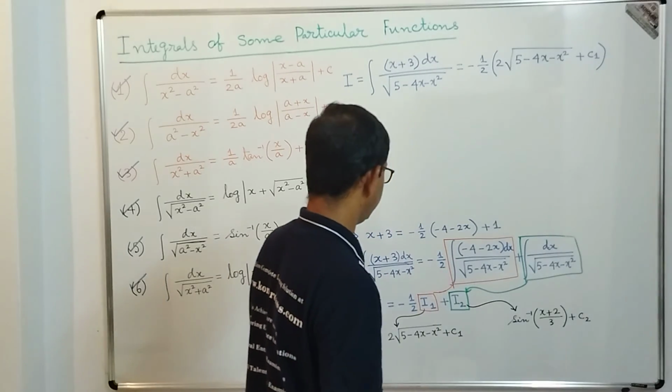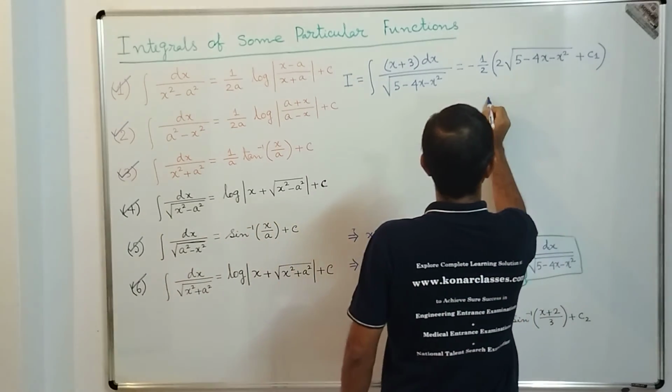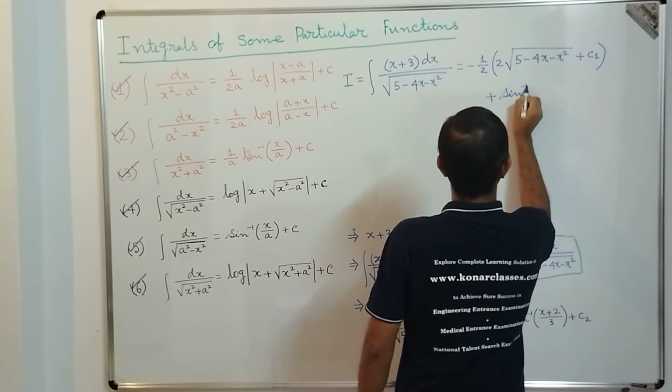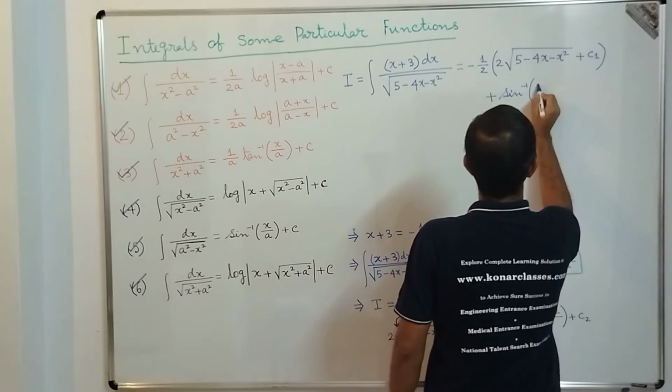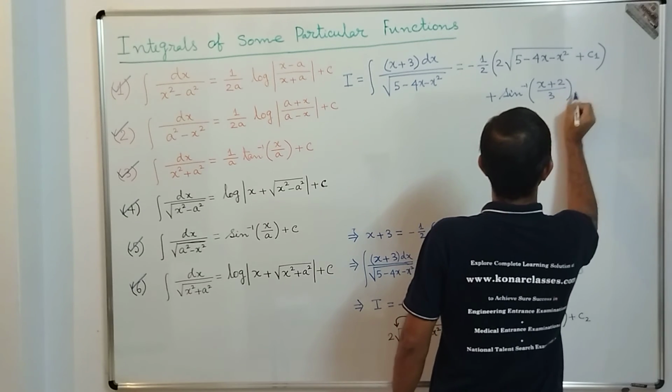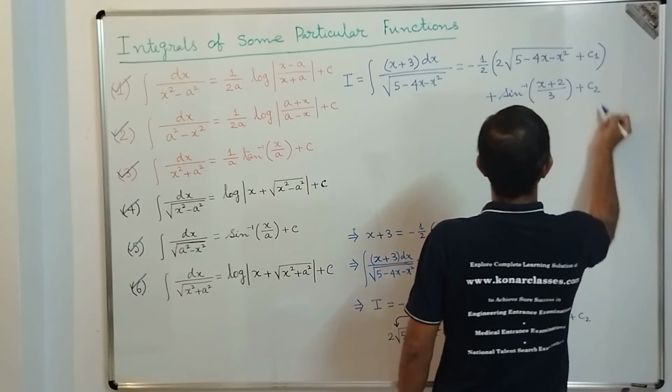Minus half into I1 plus sine inverse of x plus 2 divided by 3 plus c2.